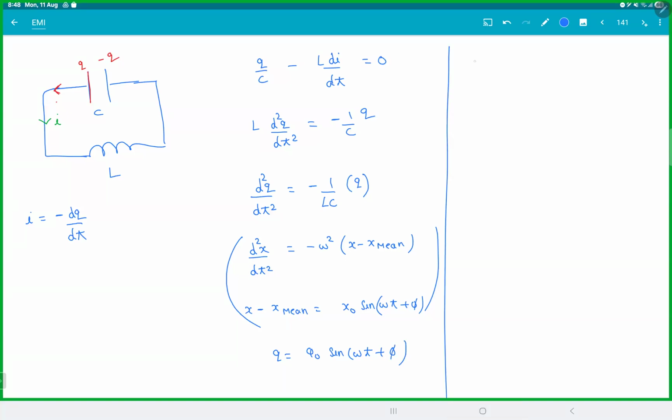Previous one should have got it. So at t equal to 0, q is equal to Q. I think the q naught is Q only, simply. That's the maximum charge actually.